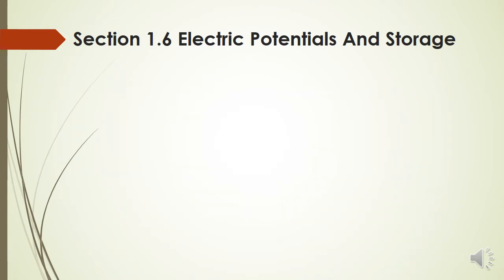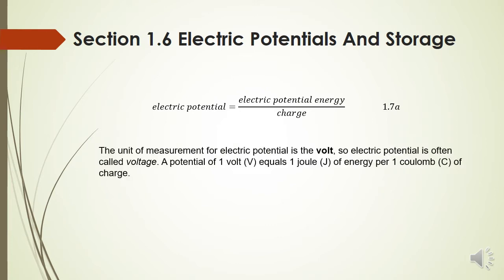To consider the electric potential energy per unit of charge, we simply divide the amount of potential energy in any case by the amount of charge, and the concept of potential energy per unit charge is called electric potential. In this equation 1.7a from your handouts, the unit of measurement for electric potential is the volt. Electric potential is often called voltage.